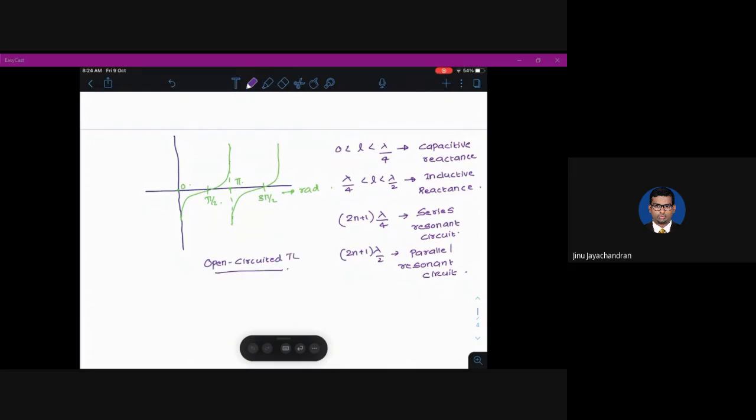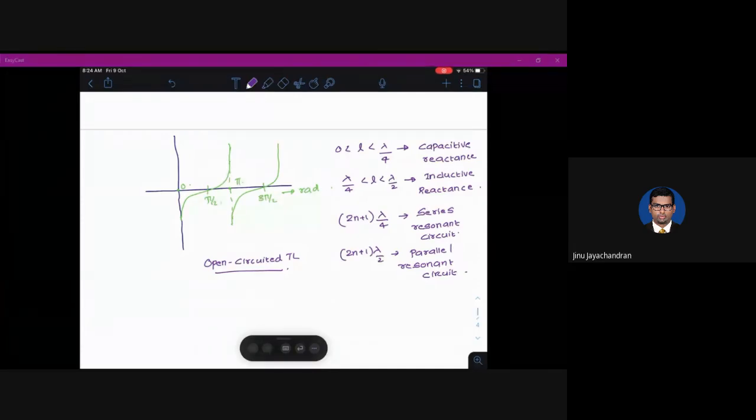So what we have found is that by having a load, either short circuit or open circuit, you can create a capacitive reactance of a capacitor value or inductive reactance of an inductor value by having a transmission line of a particular length.